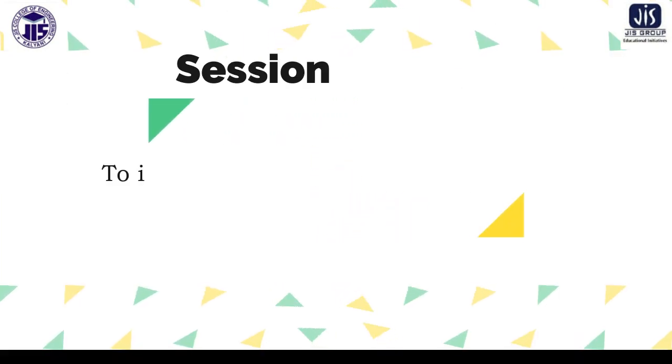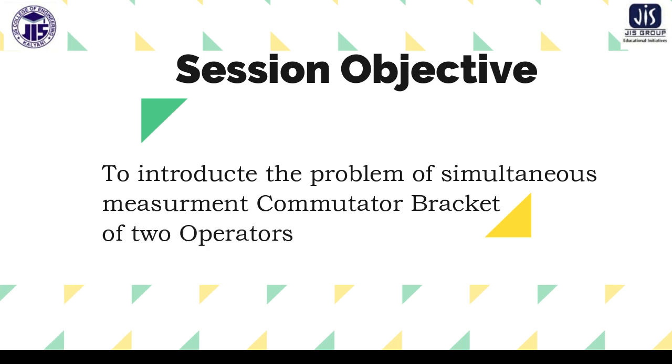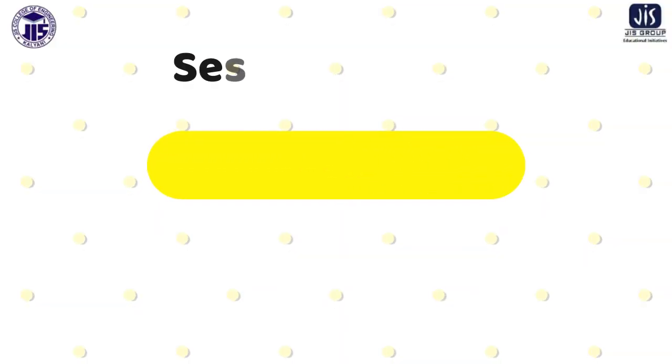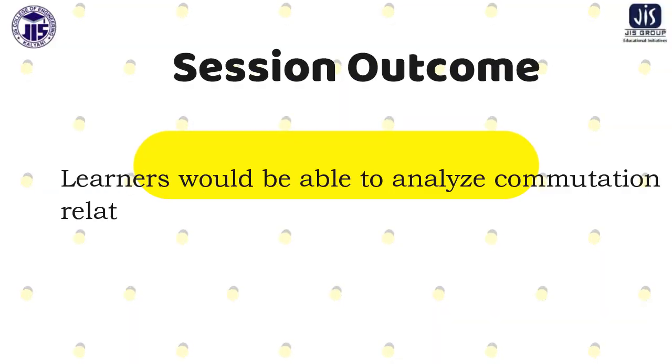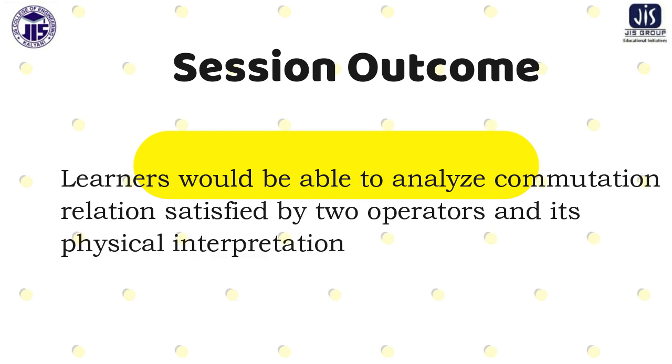In this particular class, you can see the related prerequisite, the objective of the class, and what you are supposed to get from me at the end of the class, that is the outcome of the session. That session outcome you can also see on the screen.